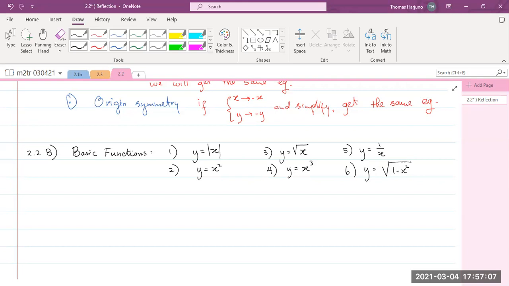And in 2.4, we will do transformation on all of them. Actually, there's one more, the step function, they call that, but I will not do that for now. Now, let's see what the graphs are.